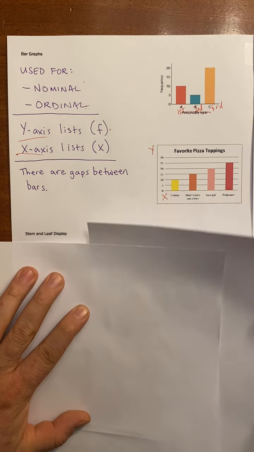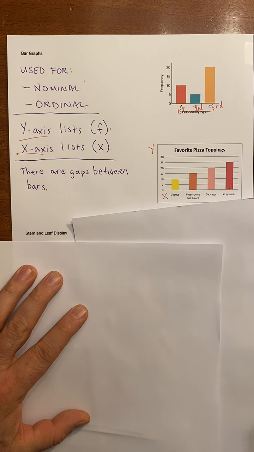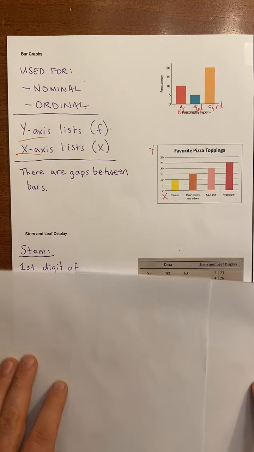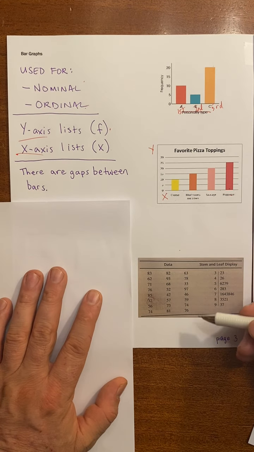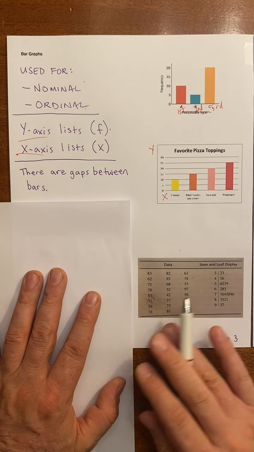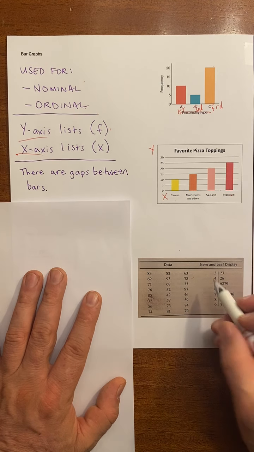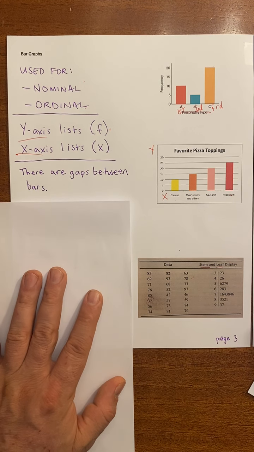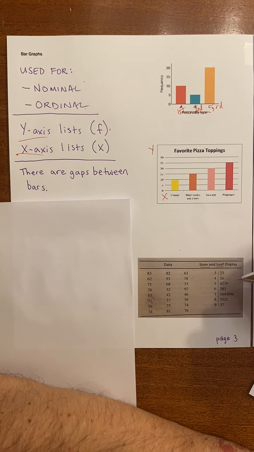So let's say that a researcher has come up with some data, and now they want to organize that data, right? And let's say that this is the data set that they've created. They take that data set and they create this stem and leaf display, right? And really what you want to see here is that you've got two groups of numbers.